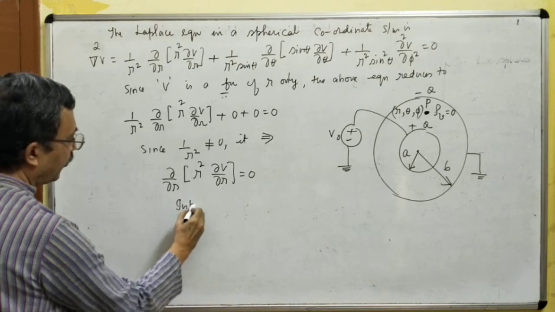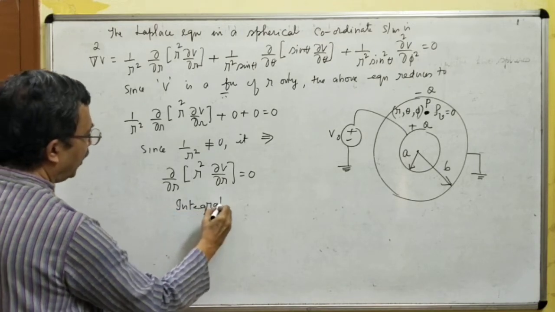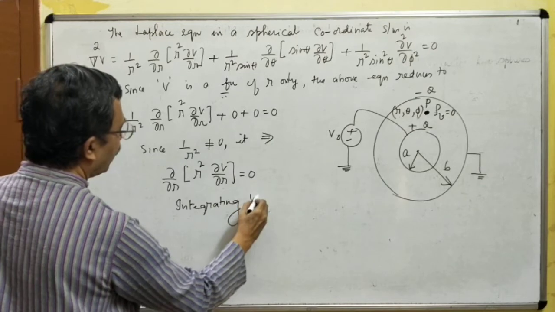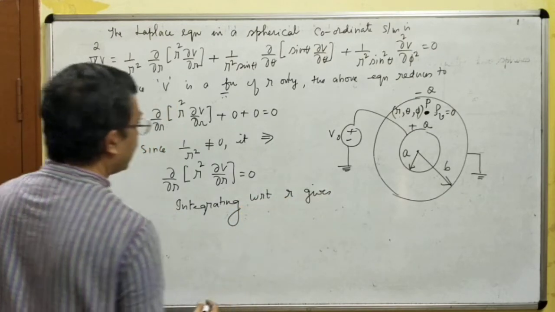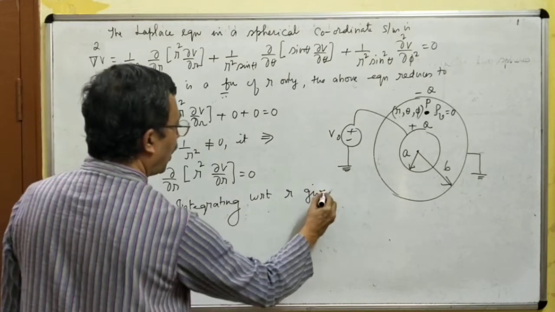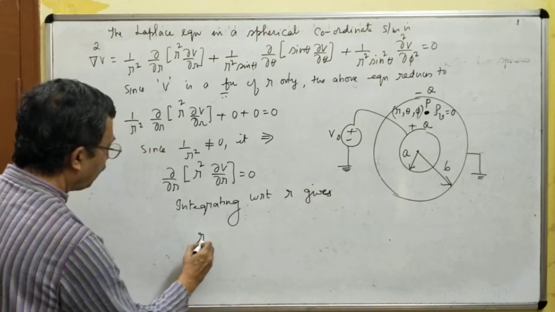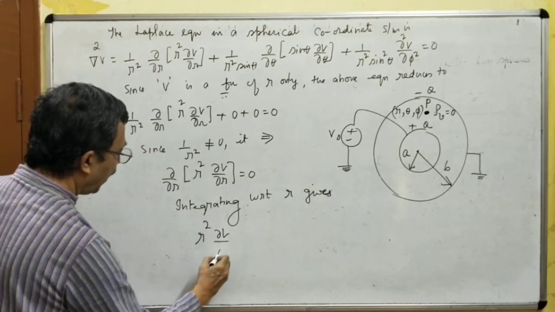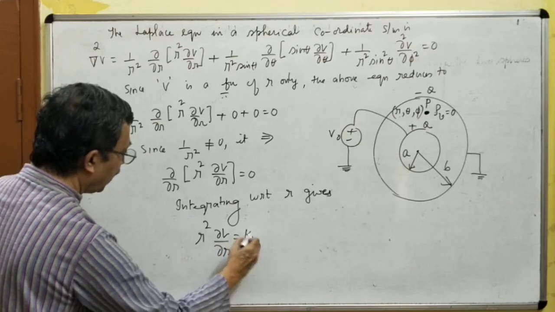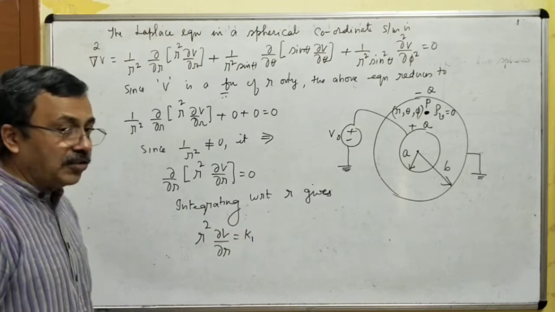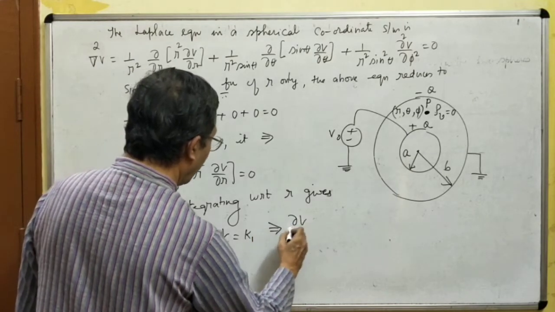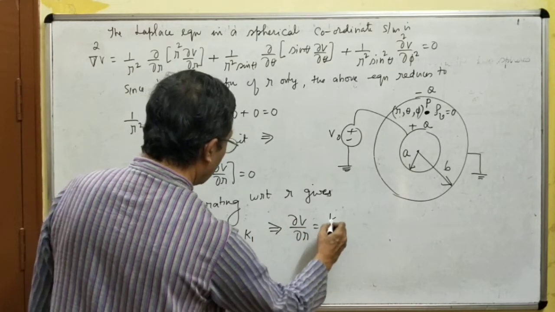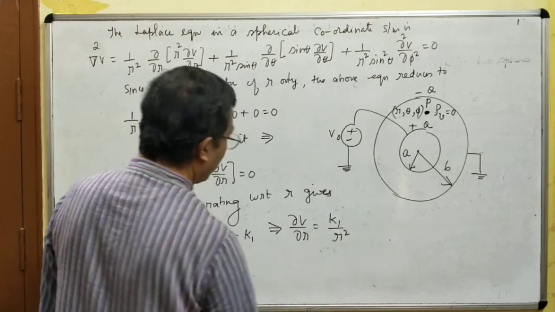Integrating with respect to R gives R square into dou V by dou R is equal to K1, where K1 is the constant of integration. This implies dou V by dou R is equal to K1 divided by R square.